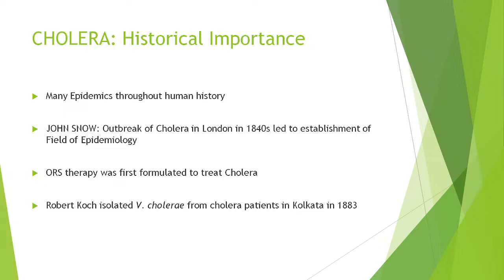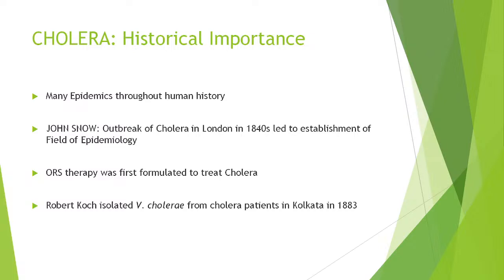Park, if you read Park, it had described very much, the edition we used to read at least had it, but I hope it is still there. So this was in the 1840s, and it led to the establishment of the field of epidemiology.